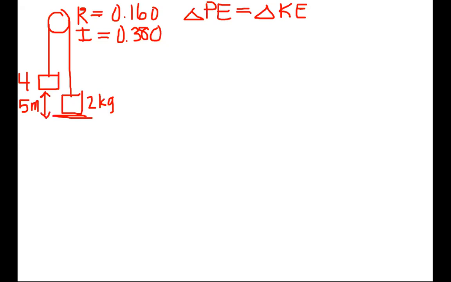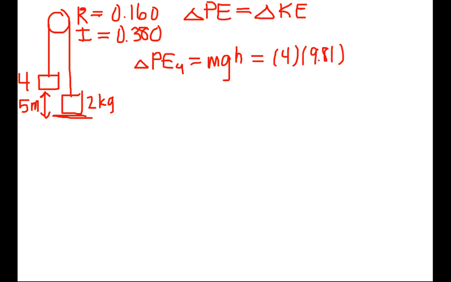So the change in potential energy of the 4 kilogram box is equal to mgh, which we know is our potential energy equation, which gives us 4 times 9.81 times the 5 meter difference in height, which gives us 196.2 joules if we plug that into a calculator.